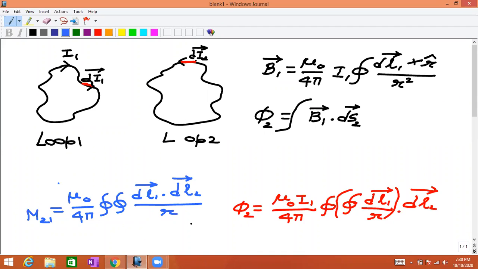What will be our conclusion? M21 equal to M12, right. M21 is equal to M12.